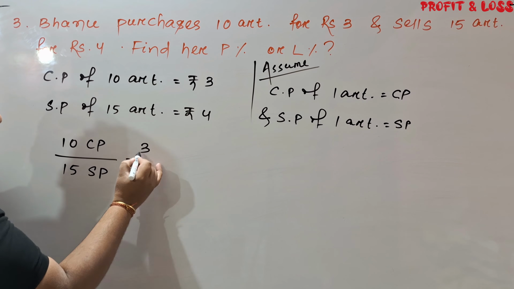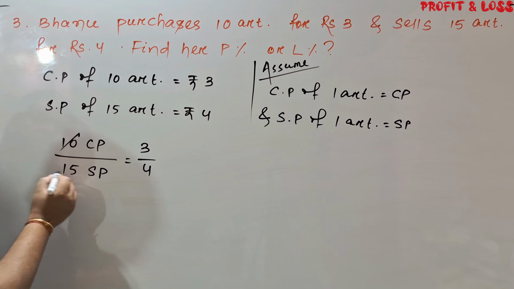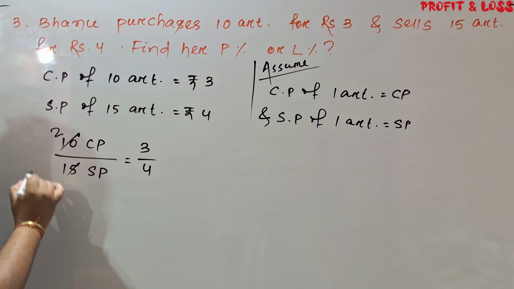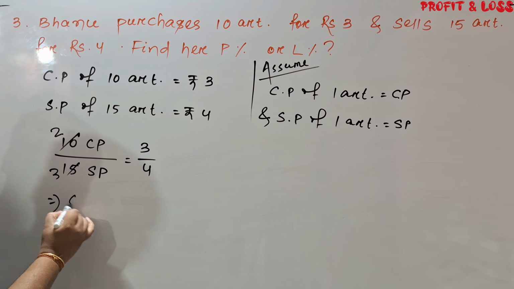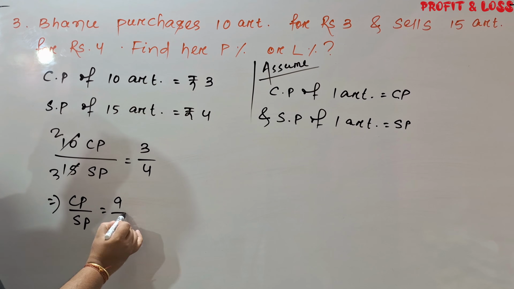That is equal to 3/4, this ratio. If I simplify by 5, this is 2 and this is 3. So the CP by SP ratio is equal to 9/8.